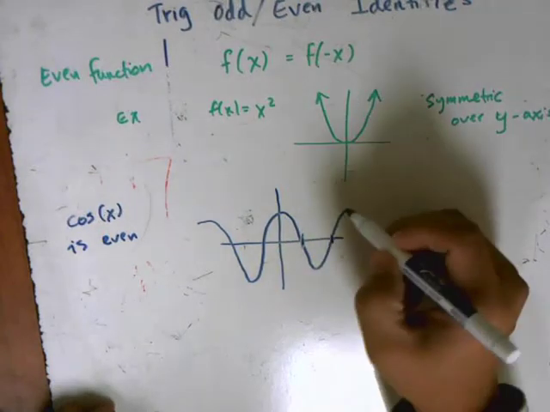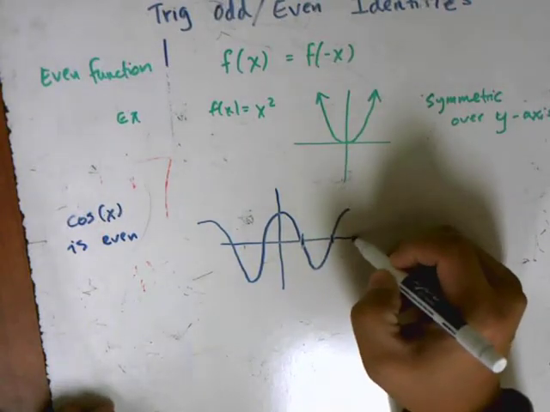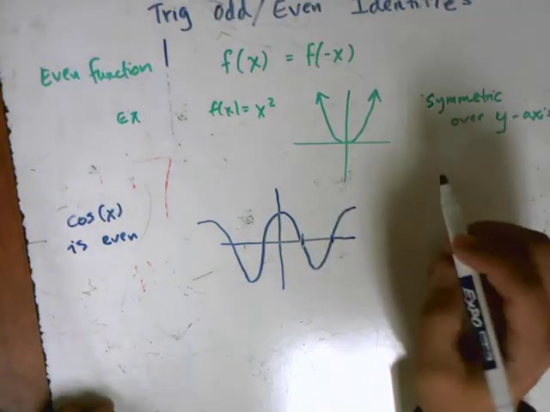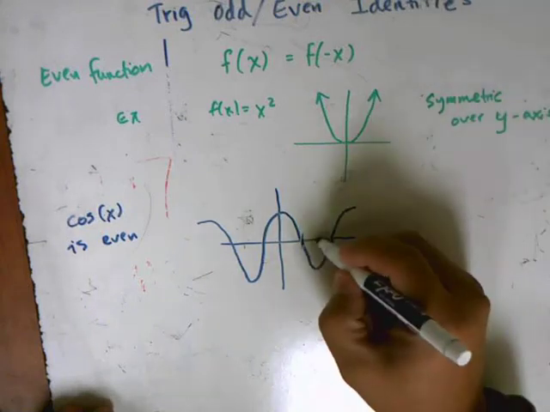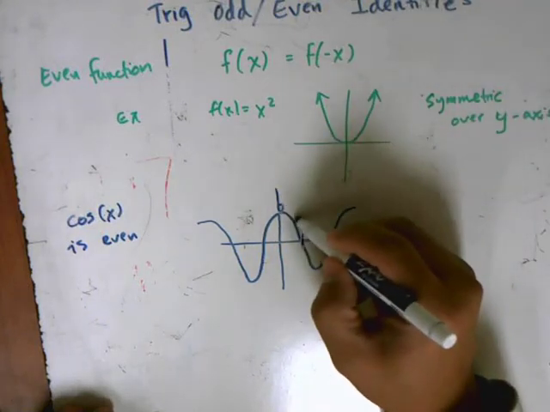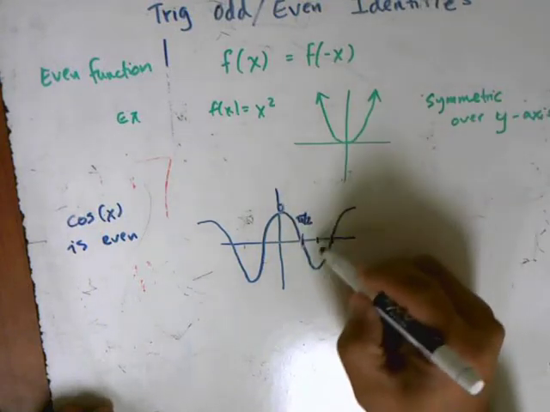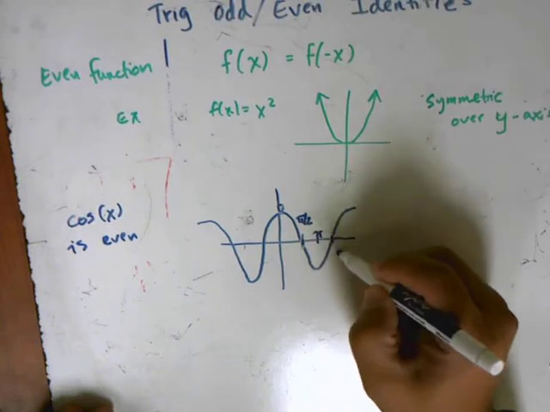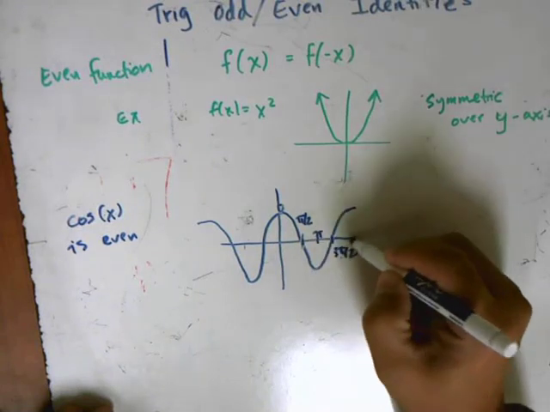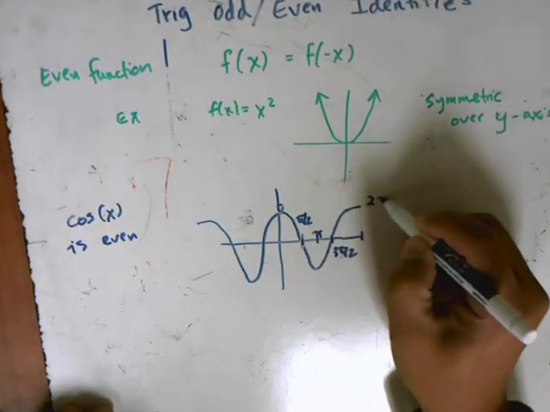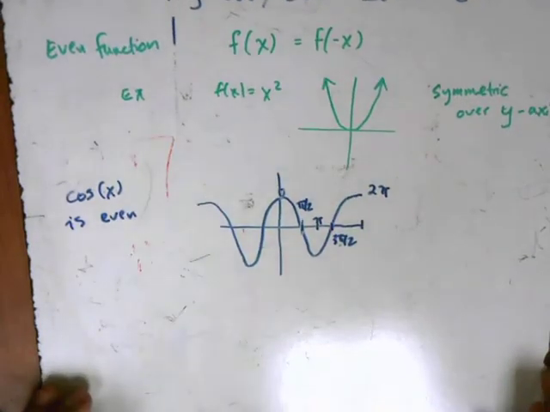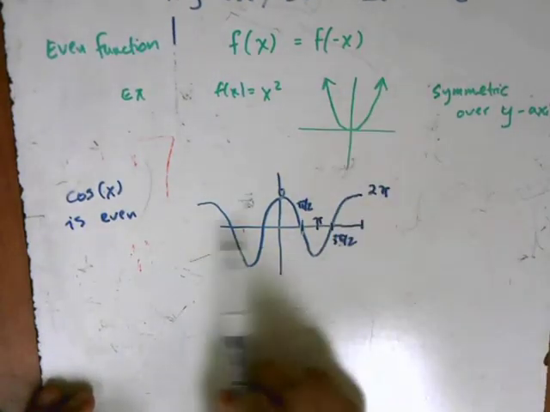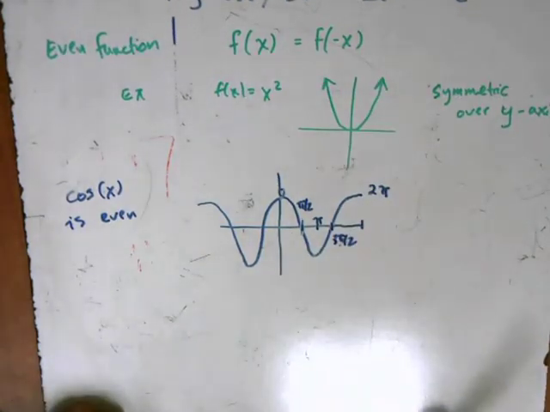Let me draw this line a little bit better here. So this here is at 0, this is pi over 2, this is pi, this is 3 pi over 2, and then over here where the maximum point is, that's 2 pi. And this is symmetric because if you look at the left side and the right side, they are mirror images of each other.